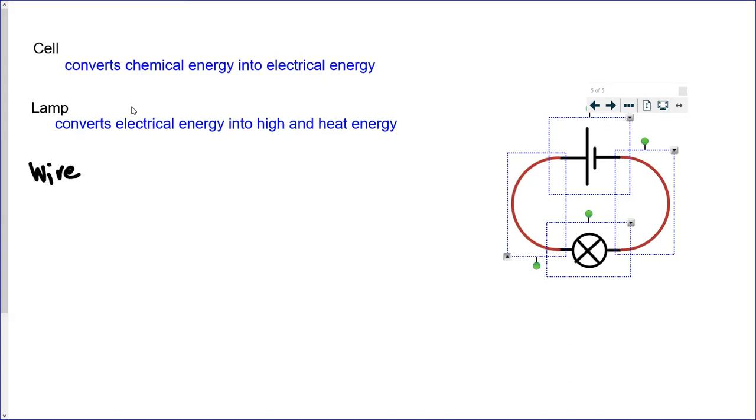Yes. So we use metallic wires. Wires provide free electrons and the passage for the flow of those electrons. Got it?